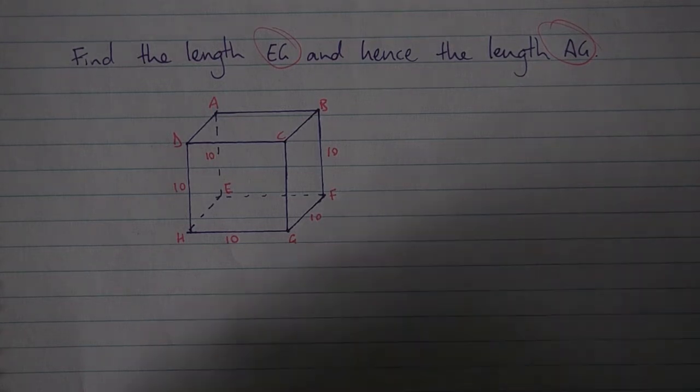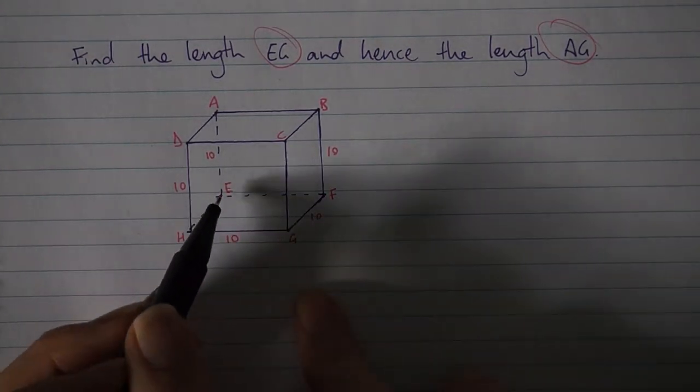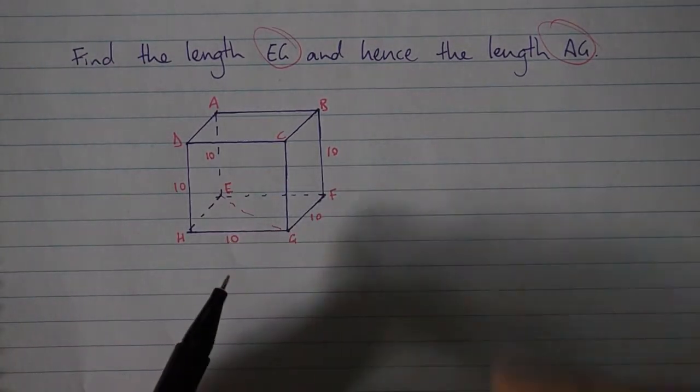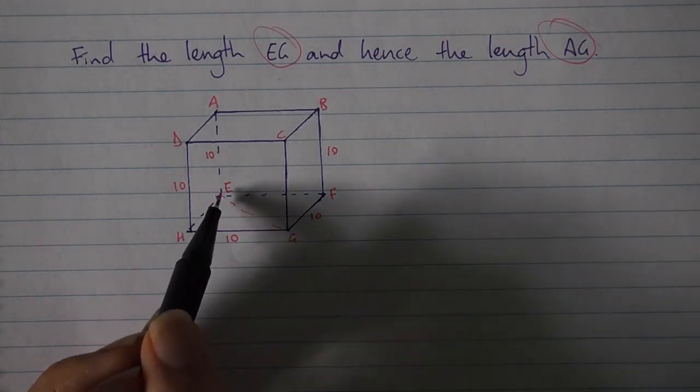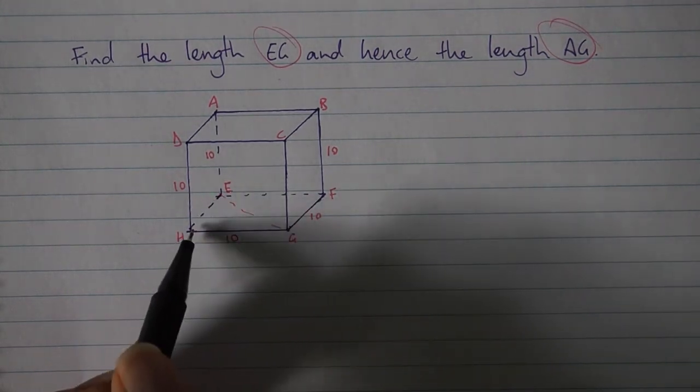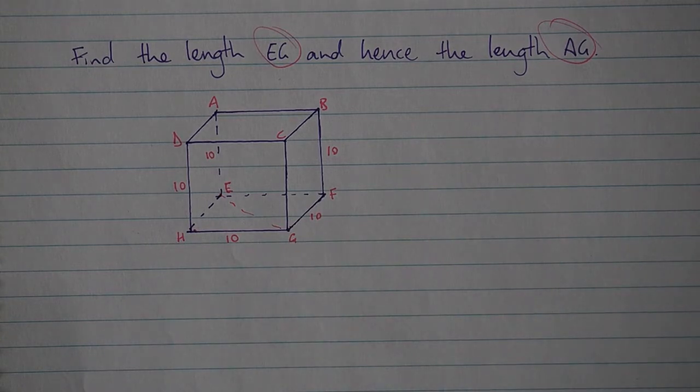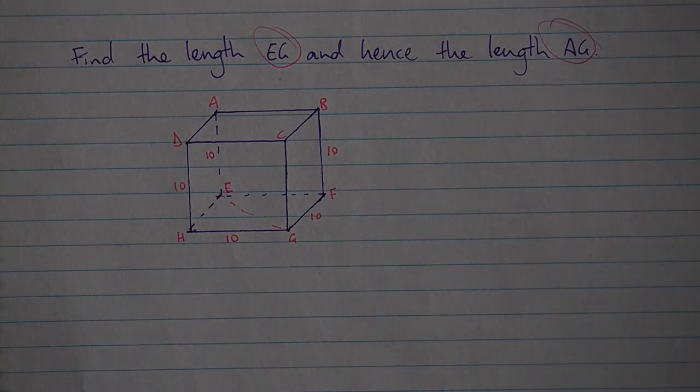So we can see we want to find EG. So that's the distance from here to here. So looking at it as a flat triangle or a 2D triangle, we've got the triangle EGH, right? So our best bet is to draw that as a two-dimensional triangle.